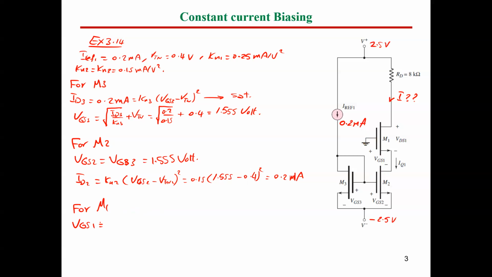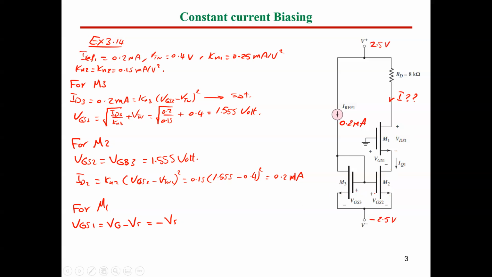VGS1 equals, for sure, VG minus VS. But VG equals 0, as you can see in this circuit, the gate is connected to ground. So this voltage equals minus VS. But how can we calculate VGS by means of current? We already have the current of that MOSFET because it's connected in series with the lower MOSFET.